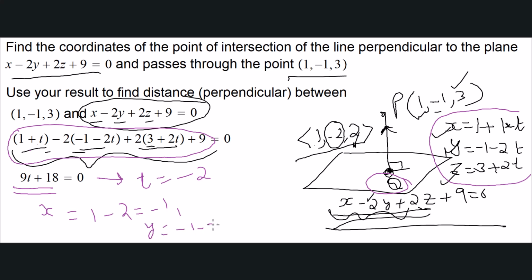Negative 1 minus 2 times negative 2, that will be 3. And what will z be for Q? 3 plus 2 times negative 2, that is negative 1. So this point Q has coordinates negative 1, 3, negative 1.